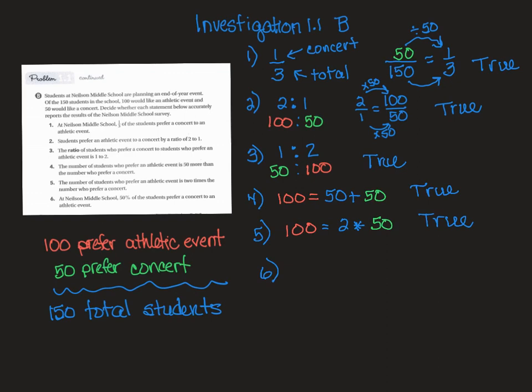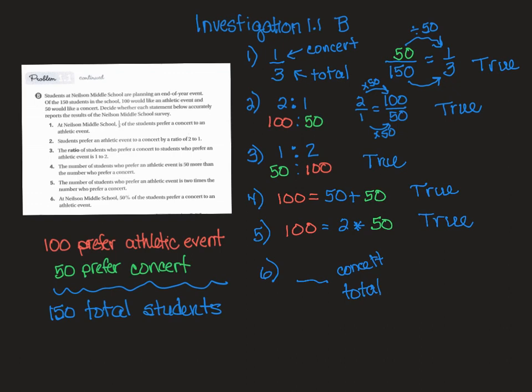50% of the students prefer a concert to an athletic event. Now, if I'm doing a percent, I need to start with a fraction first. So I put my fraction bar down here. Okay. And I know that a fraction, as we talked about in number 1, is a matter of the part, which is going to be concert, okay, over the total.